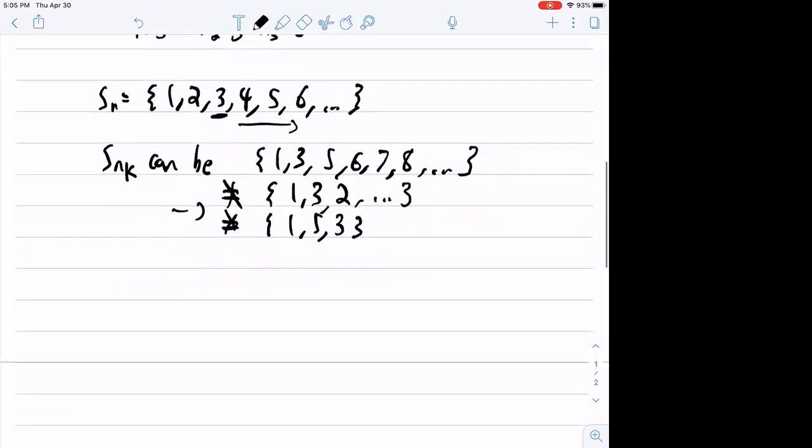Okay, so there's this theorem. I don't know if it's that important, but let Sn be a sequence.